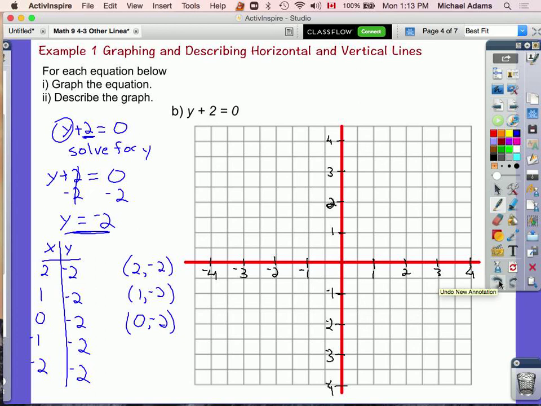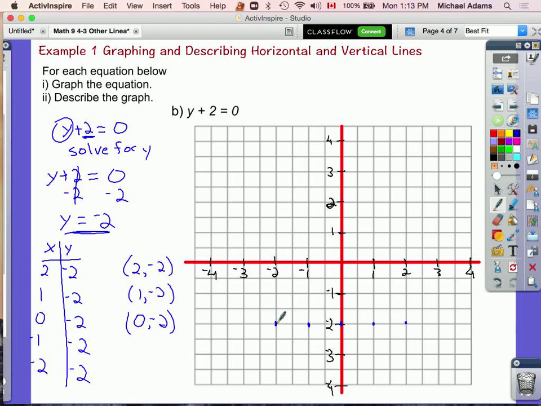Okay, so my first one is going to be 2, and then negative 2, and then 1 and negative 2, and 0 and negative 2, and so on. Doesn't matter what x will be, y will always be negative 2.